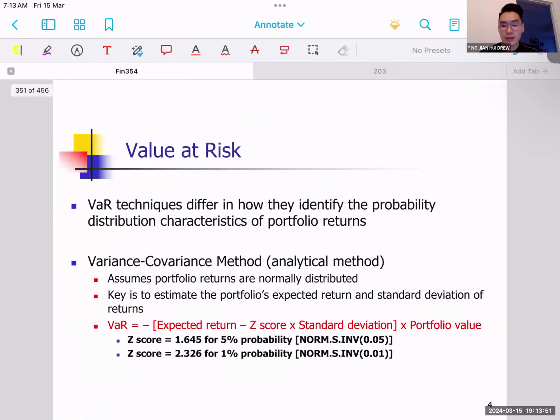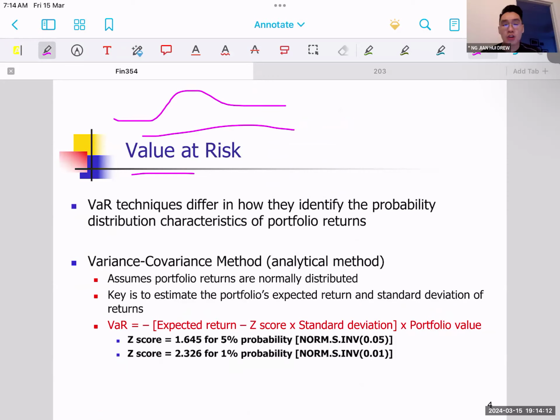Okay, so that's the rough understanding of VAR. Let's go into the calculation of how we actually determine the VAR, or value at risk. We fall back on the idea of a normal distribution again. Let me just draw the normal distribution graph.